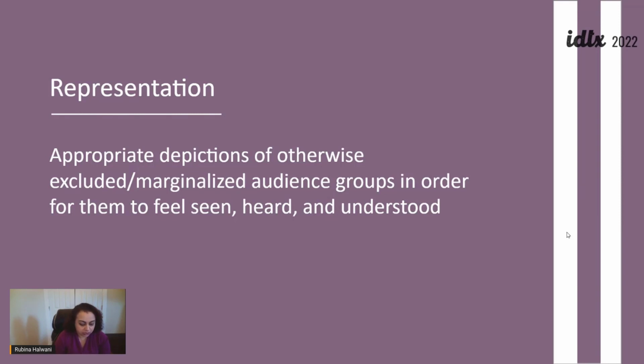A lot of people in a lot of groups are feeling marginalized or excluded. And so I made an operable definition for instructional designers specifically. In representation, when we're designing our own training, you want to create appropriate depictions of otherwise excluded or marginalized audience groups in order for them to feel seen, heard, and understood.